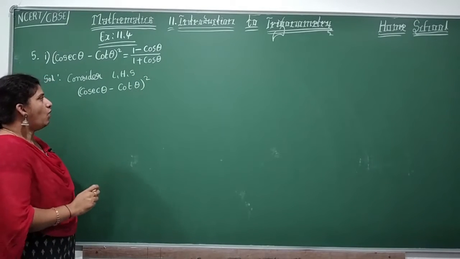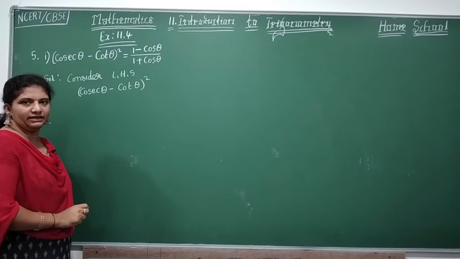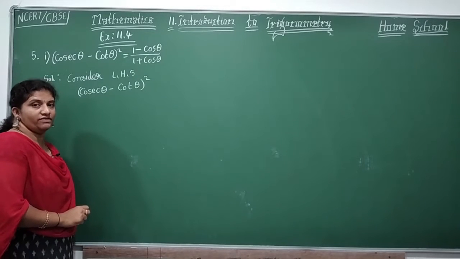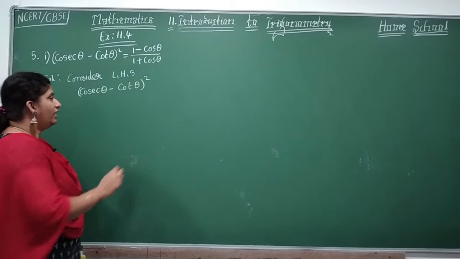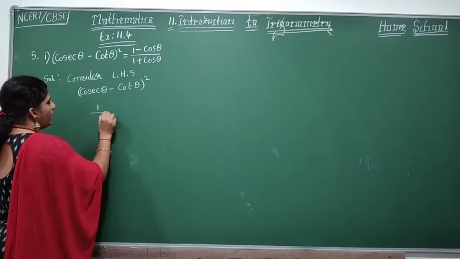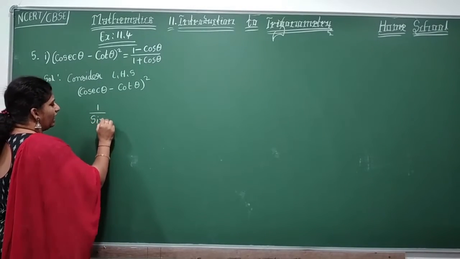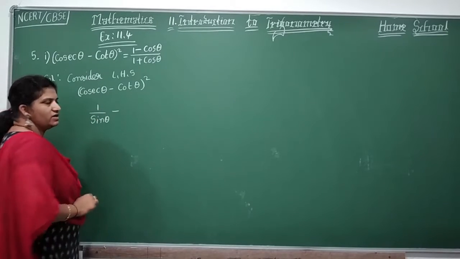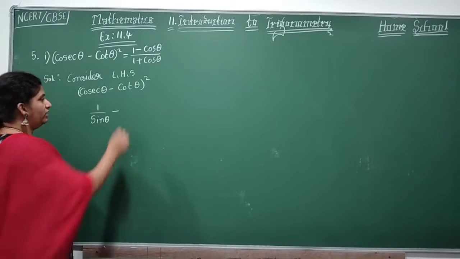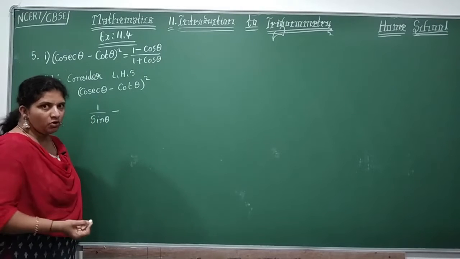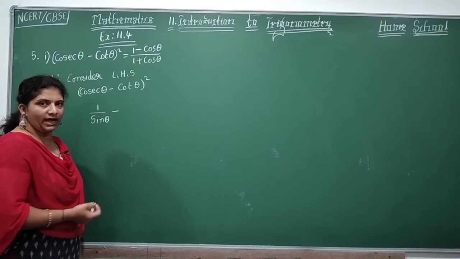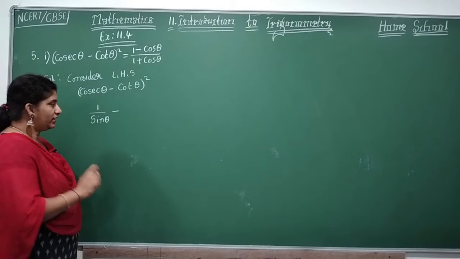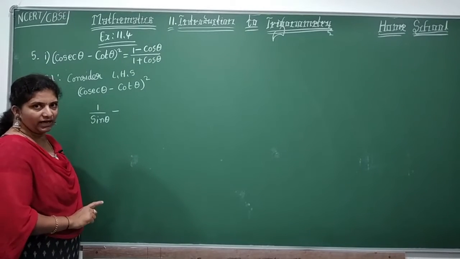Children, what is cosecant theta? You might know this from your first class onwards. It is 1 by sine theta, minus cot theta. Cot theta is the reciprocal of tan, 1 by tan, you remember. But here don't apply 1 by tan, children.